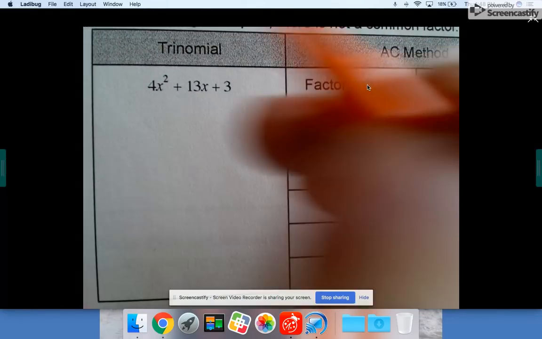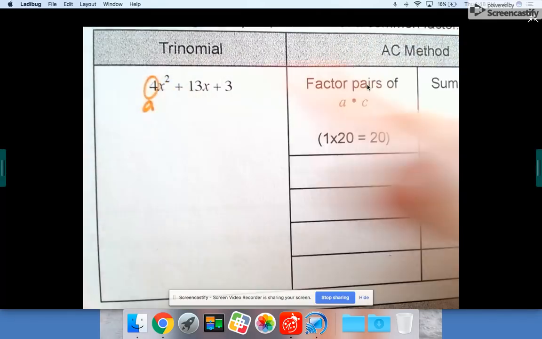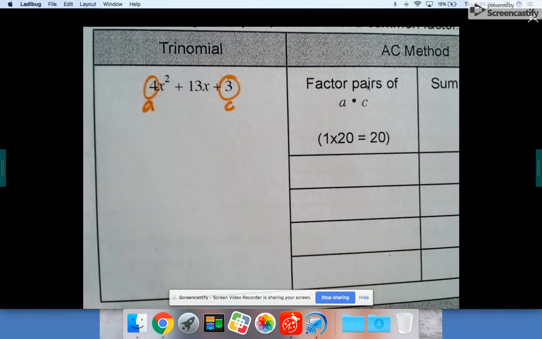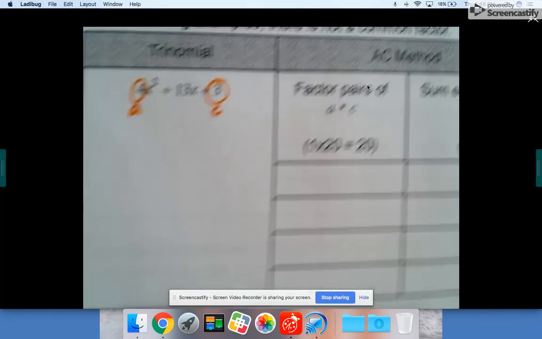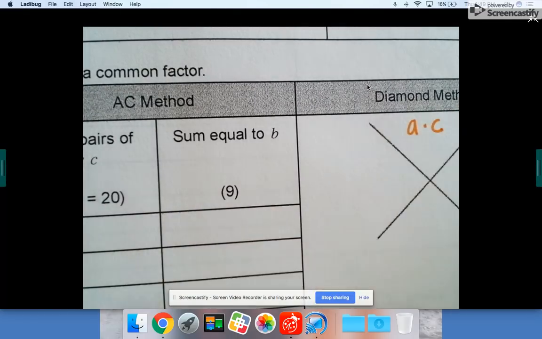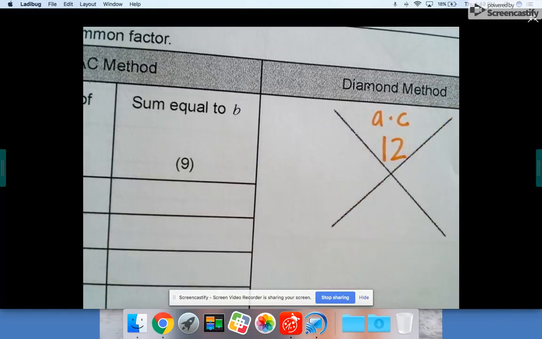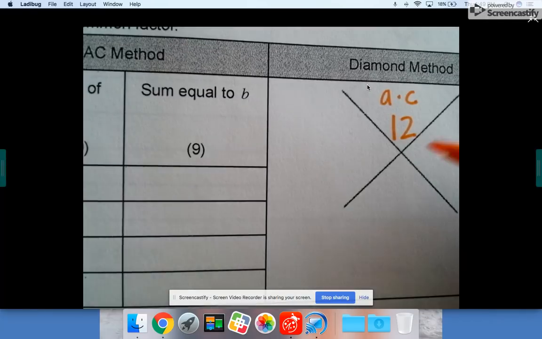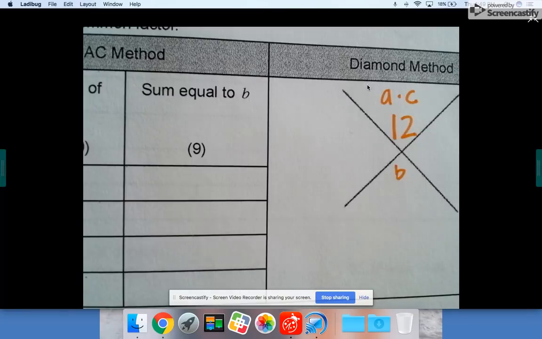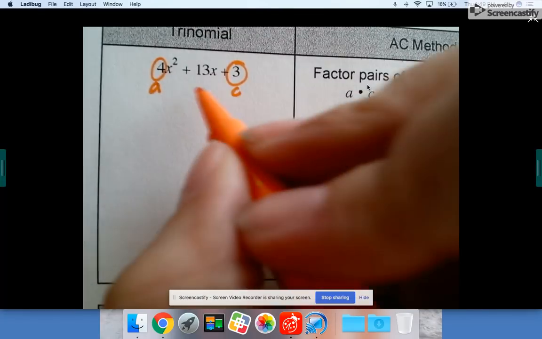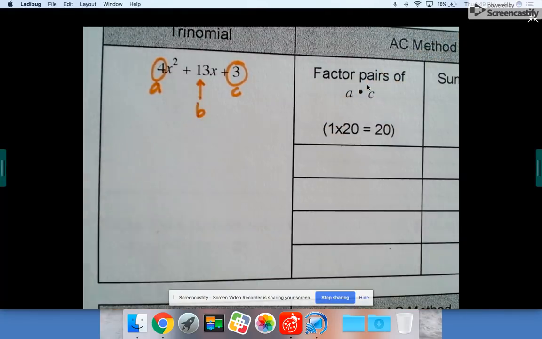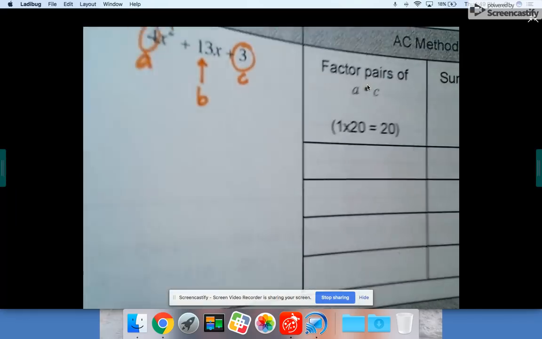So for the diamond method, you would take your a term, which is 4, and your c term, which is 3, and you would multiply them together. So this is a times c. So 4 times 3 is 12. For the bottom one, you would just put your b term, which here is 13. So I'm going to put 13 here.